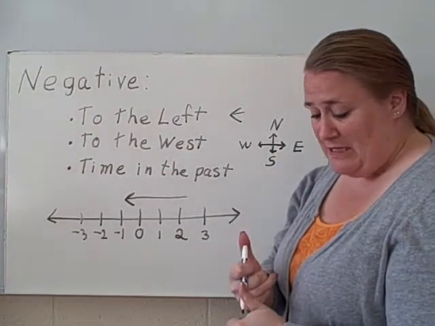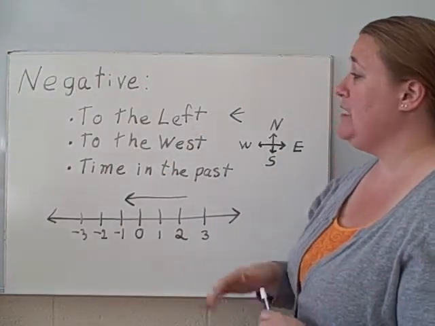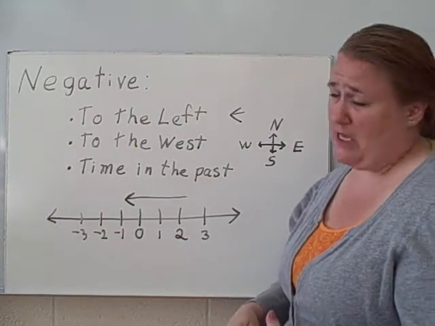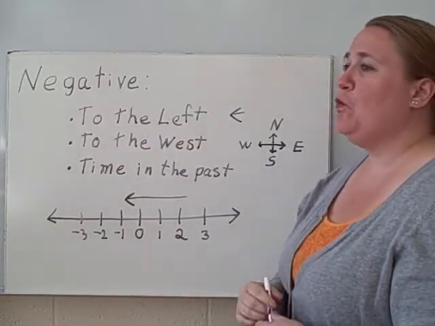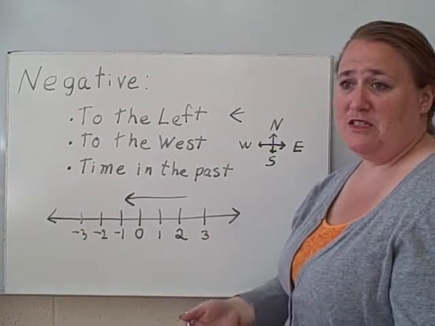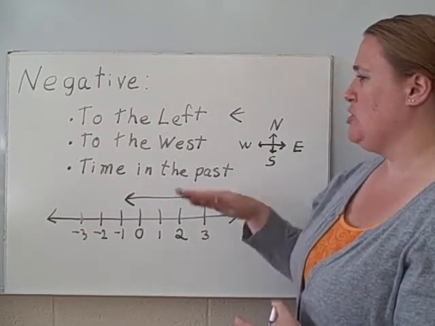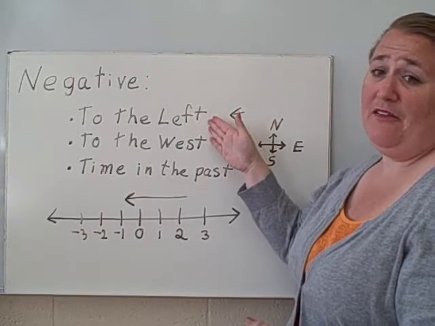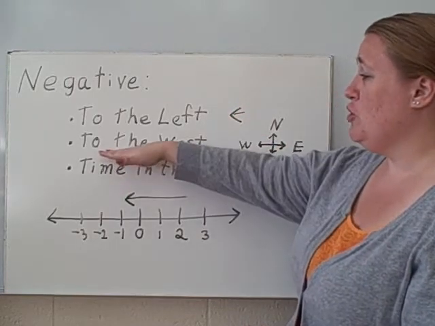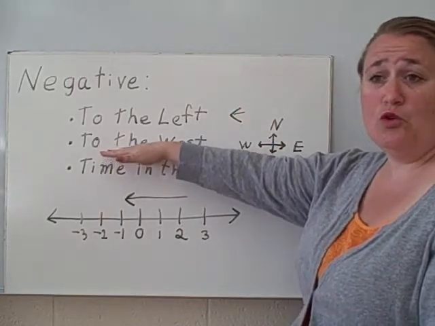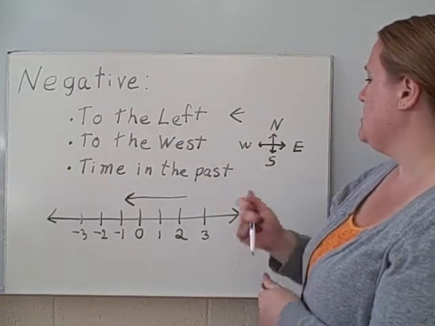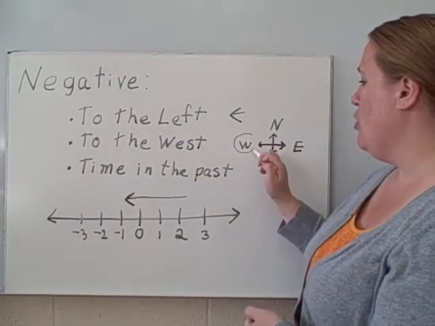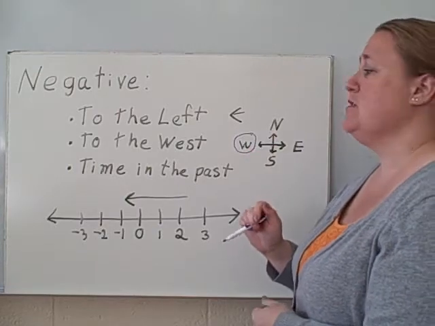In this next investigation, you're going to need to be familiar with some concepts. So when we think about negative numbers, in real life context, a lot of times they'll talk about moving to the left or moving in a westward direction. A lot of social studies problems and stuff like that connected to math will talk about moving west.